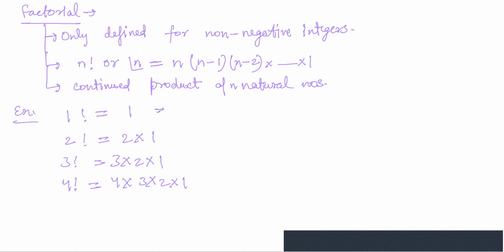So 1 factorial is 1, 2 factorial is 2, 3 factorial is 6, 4 factorial is 24, 5 factorial is what? 5 into 4 into 3 into 2 into 1. So can I write 5 factorial as 5 into 4 factorial? Is it correct?